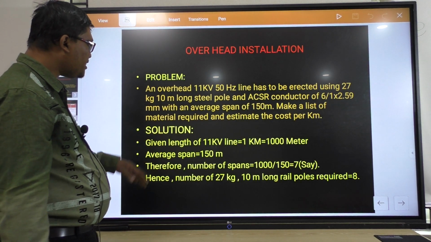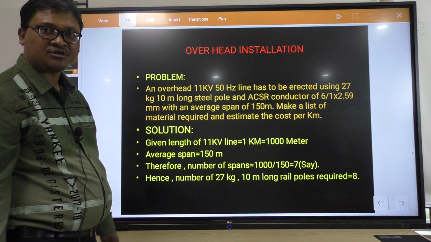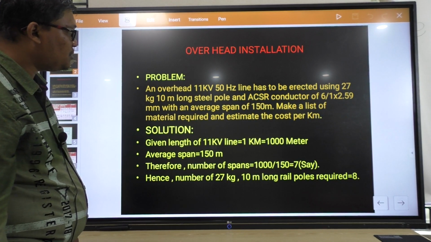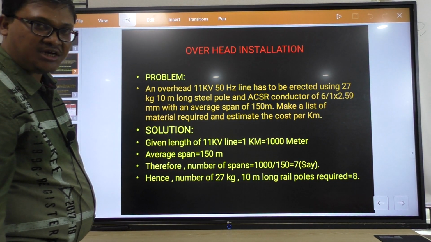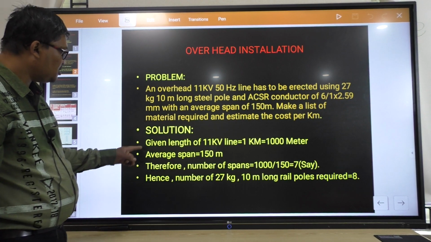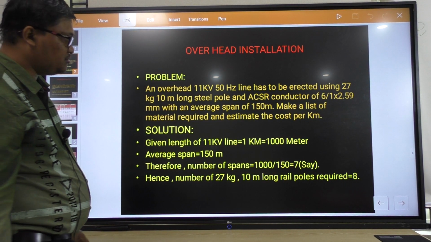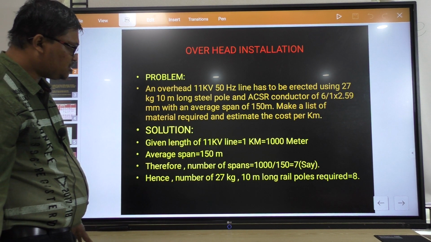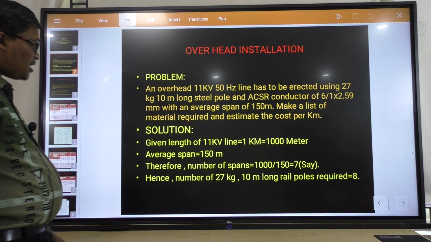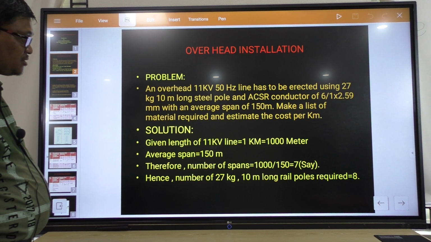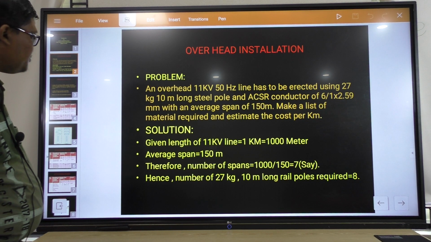So, we have to make a list of material required for the estimation of the HT line installation and its cost. Given the length of the 11 kV line is 1 kilometer and average span is 150 meter, the number of spans will be 1000 by 150.